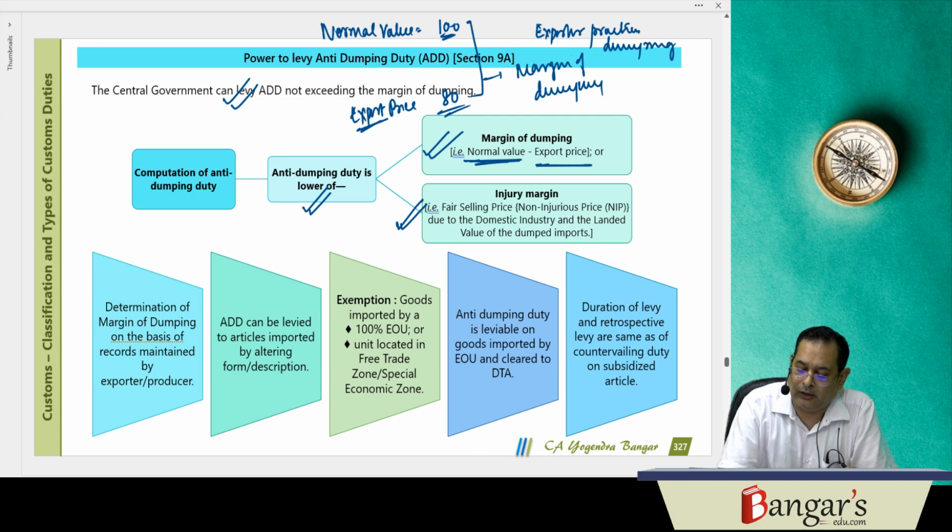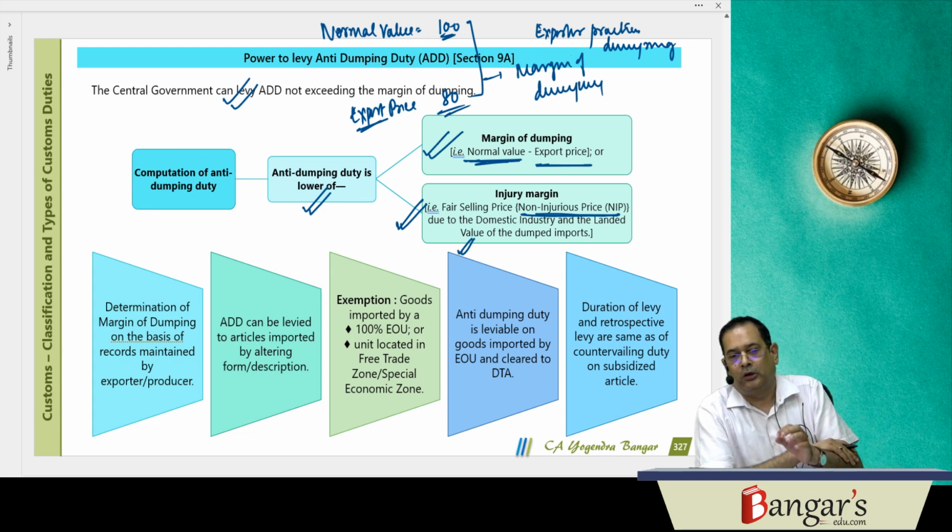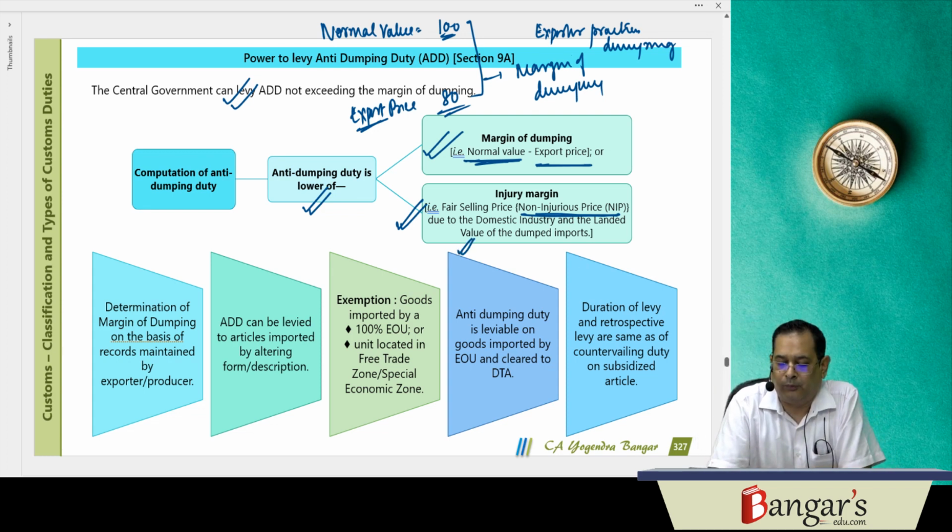Injury margin is the difference between the fair selling price, that is the non-injurious price for the domestic industry, and the landed value of the dumped imports.